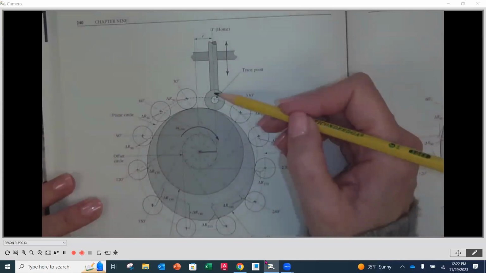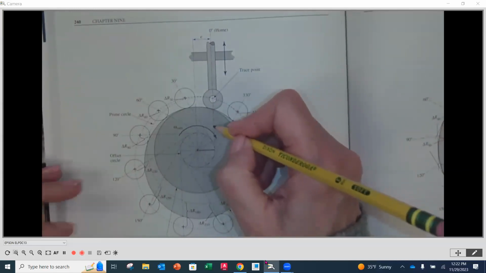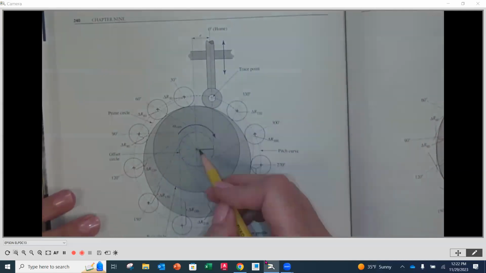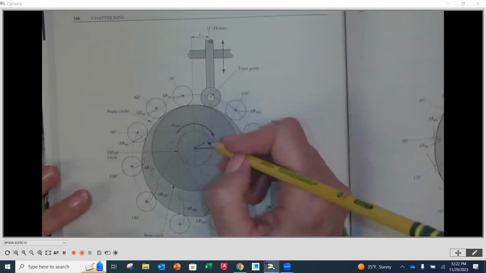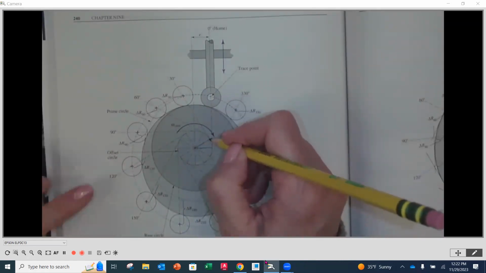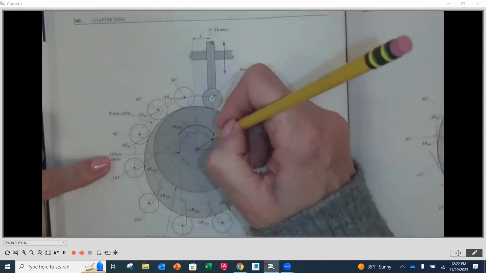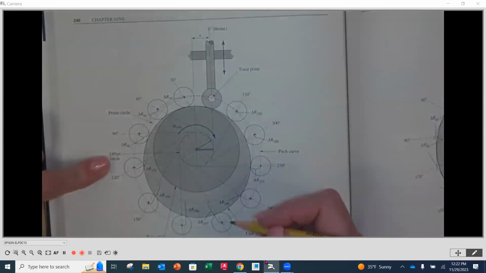Now our 0 degrees is going to be the first one that's perpendicular, or 90 degrees, to the side of that. And then we're going to divide this inside smaller circle in 30-degree increments all the way around. So where this is intersecting the offset circle, you're going to be 90 degrees in this direction, and that's where my 30 degrees is going to come up.